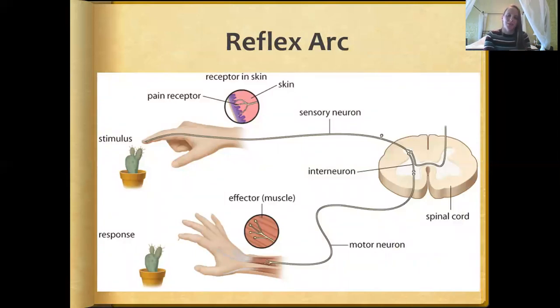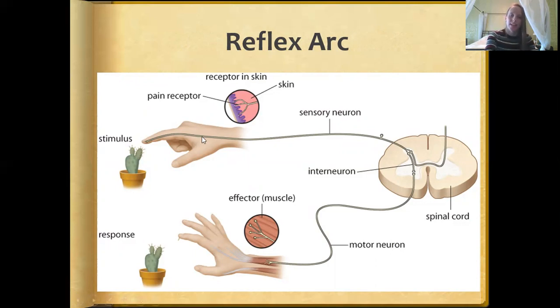So this is an example of that withdrawal reflex that I was just talking about. The stimulus in this case would be the little spikes on the cactus that this person is touching. The sensory receptors at their fingertips would pick up that sudden pain signal.